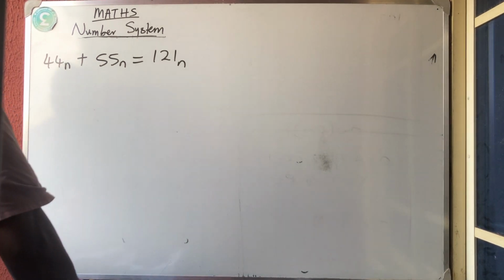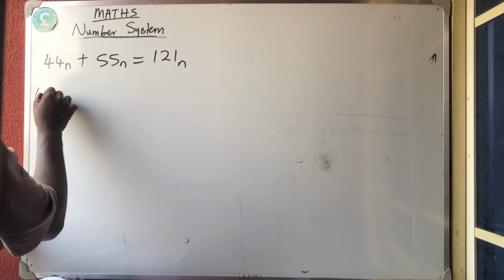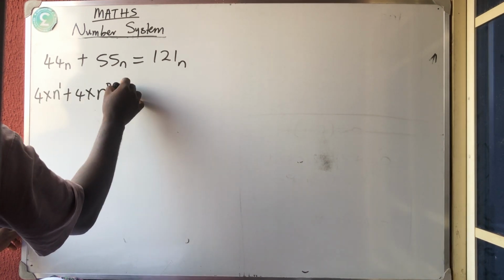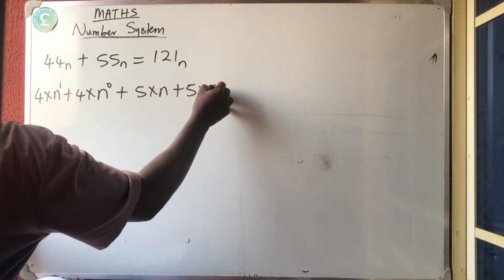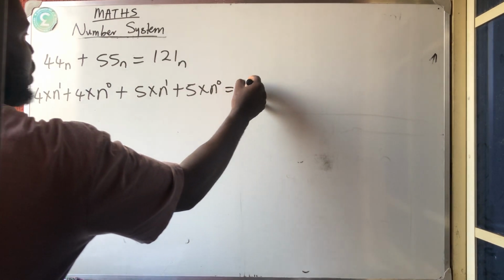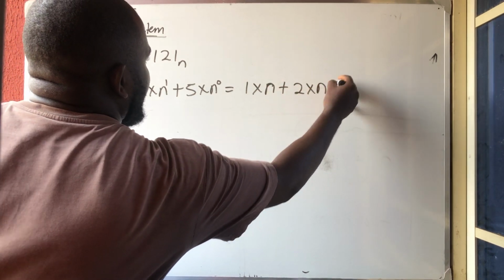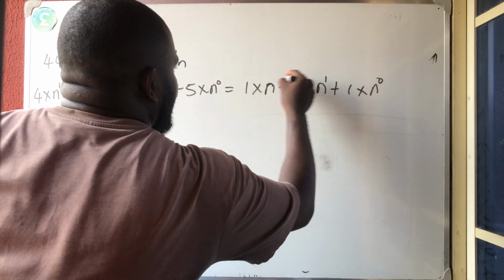The first method I'm going to solve it with is the normal method we are using here, which is what? 4 times n plus 4 times n, 0 and 1, plus 5 times n plus 5 times n, 0 and 1, is equal to 1 times n plus 2 times n plus 1 times n, 0, 1, 2.